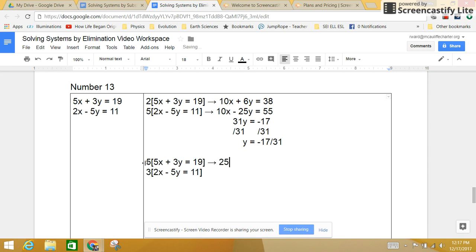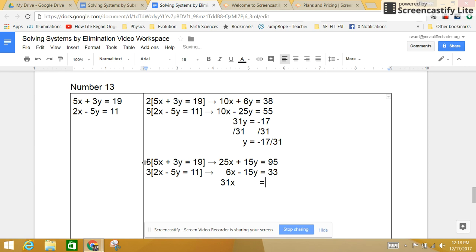So I get 25x plus 15y equals 5 times 19 is going to be 95. And then that's going to be 6x minus 15y equals 33. And I've got to add them since I have opposite coefficients. So 25x plus 6x is 31x again. We got another 31. 15y plus negative 15y is 0.